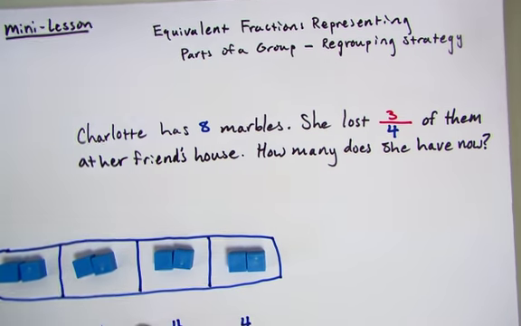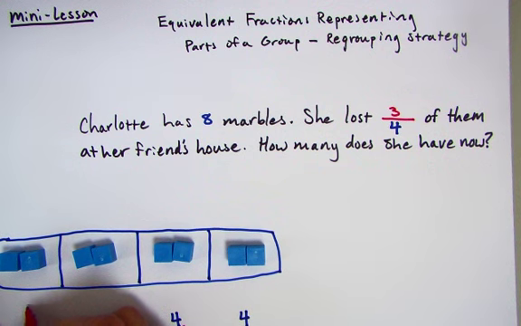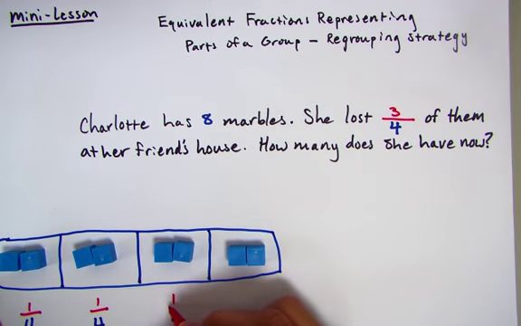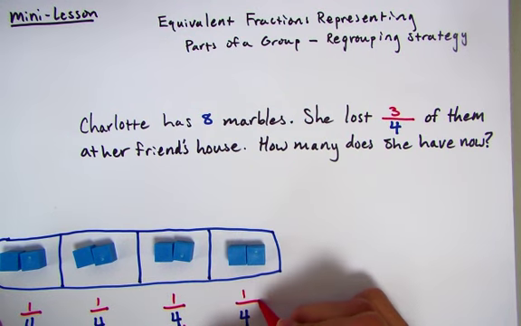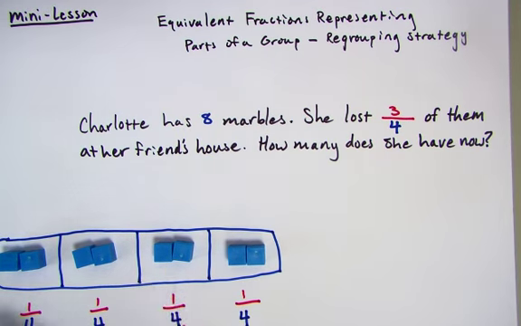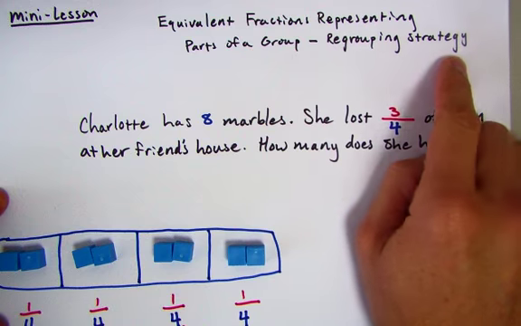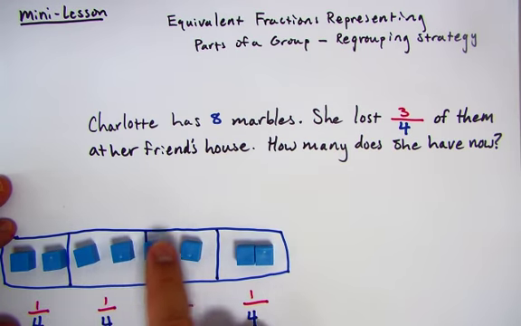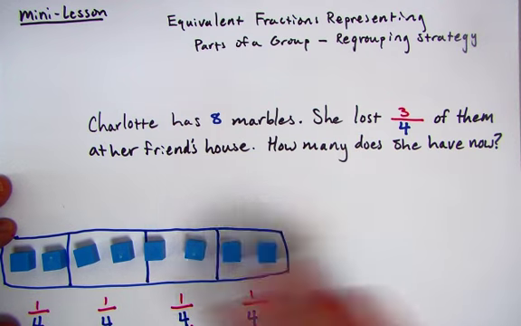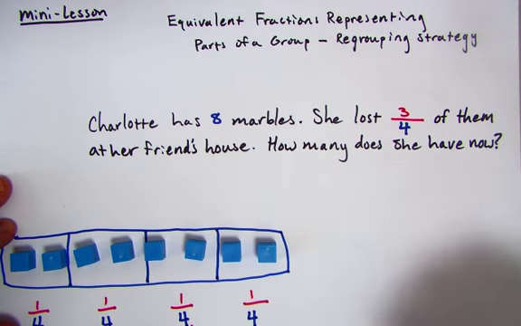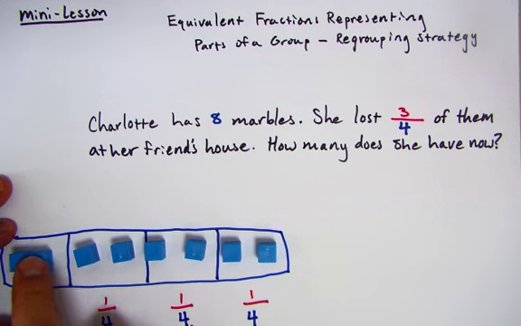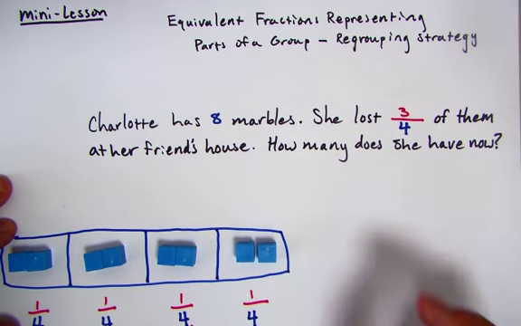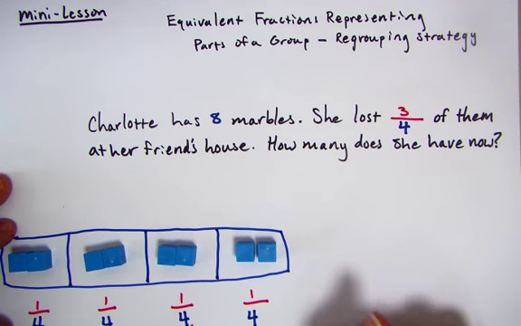I'm putting my denominator first, but this is actually representing 1/4 now. So is this. This is 1/4, and then this is 1/4, and this is 1/4. What I did was I regrouped them. That's why we call it the regrouping strategy. When I had 8 marbles total, I still have the 8 marbles, but I'm just looking at it in a different way. So if I just combine or group 2 marbles together, I can see my fourths now.